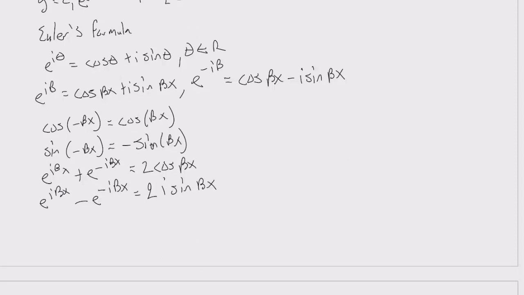Okay, so let's put this all together and go right back to our general format for the general solution.